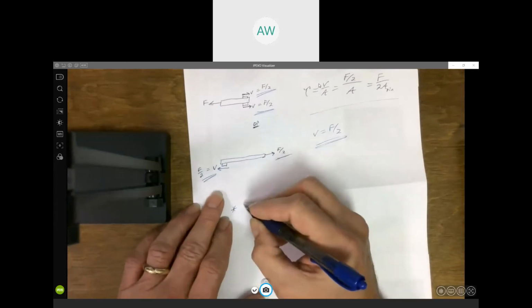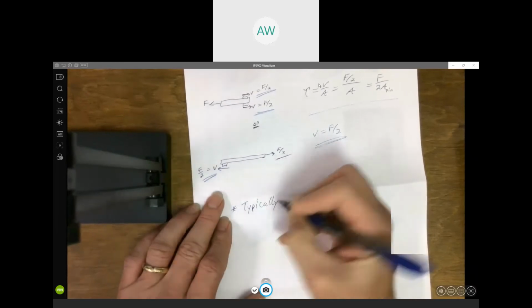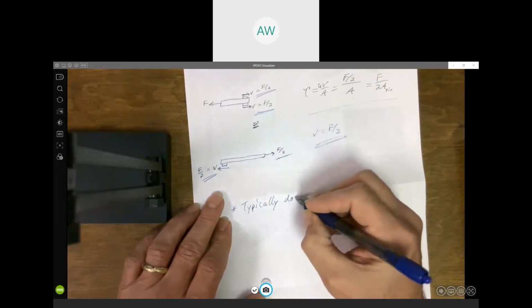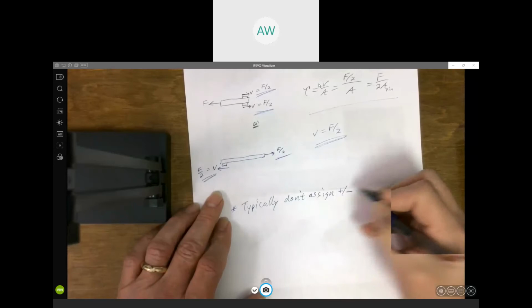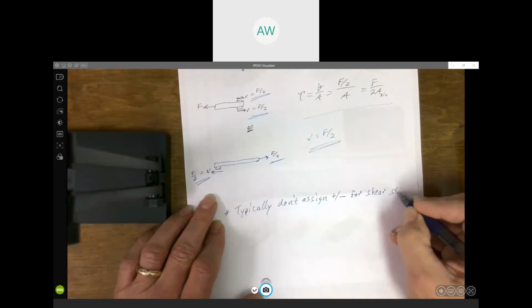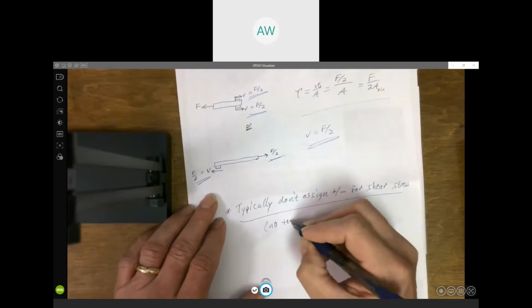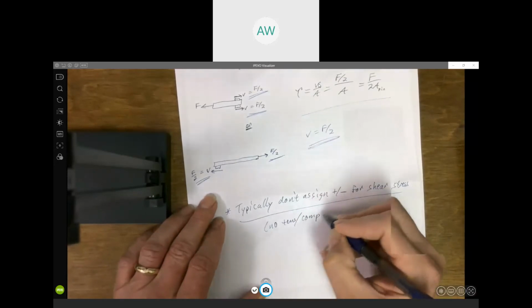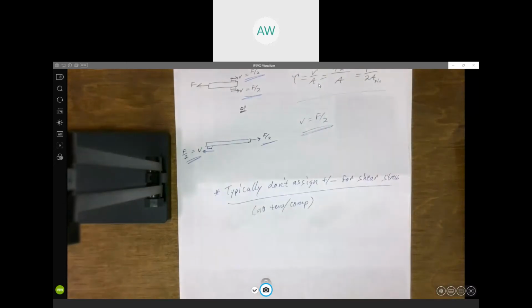So, let me say maybe typically we don't assign plus or minus for shear stress. There is no tension or compression, right? That only makes sense if you've got something with an axial load applied on it. It could be in what we call tension or compression. Shear stress, it doesn't matter.